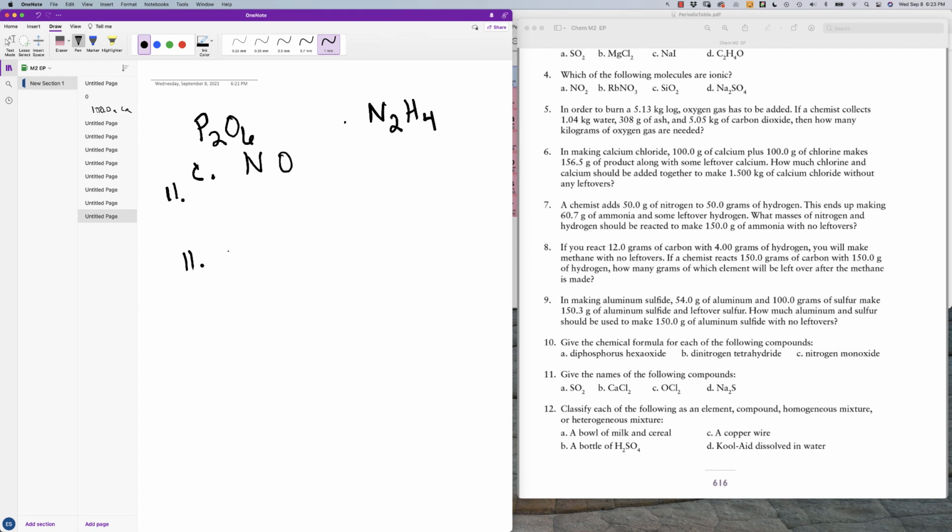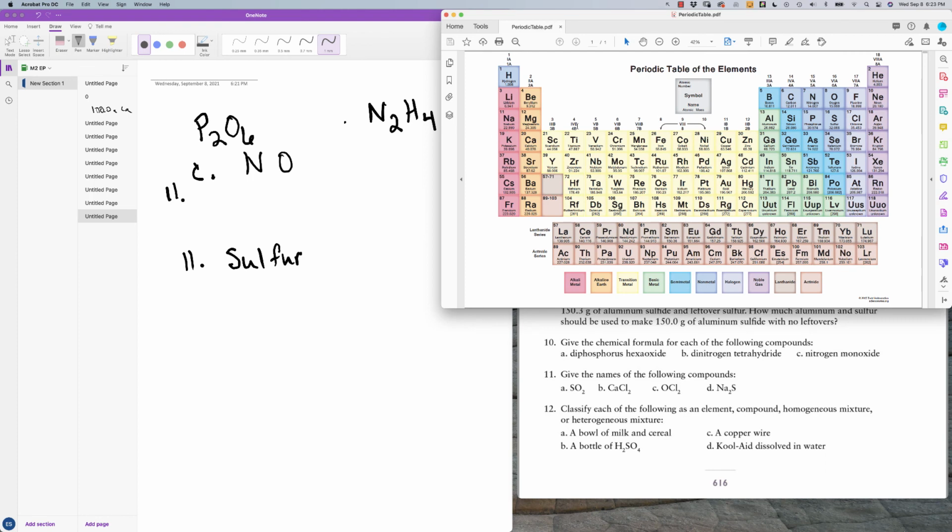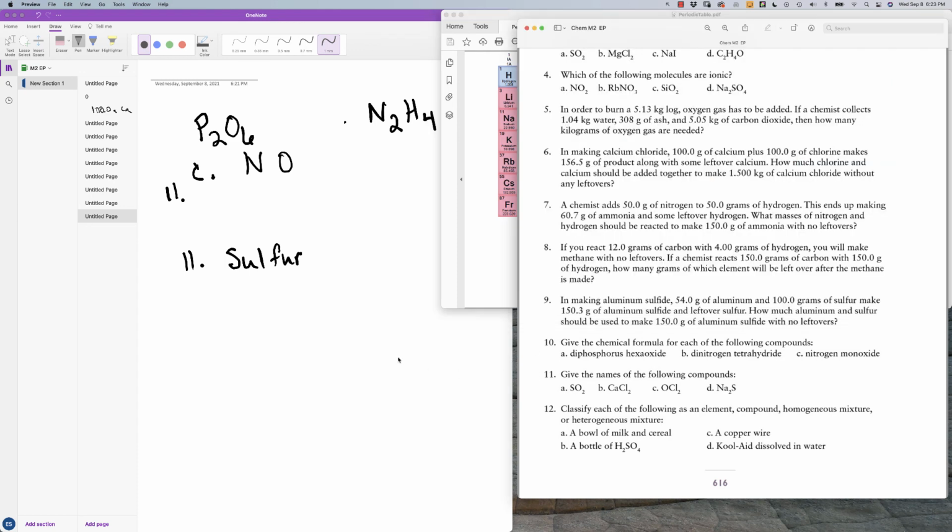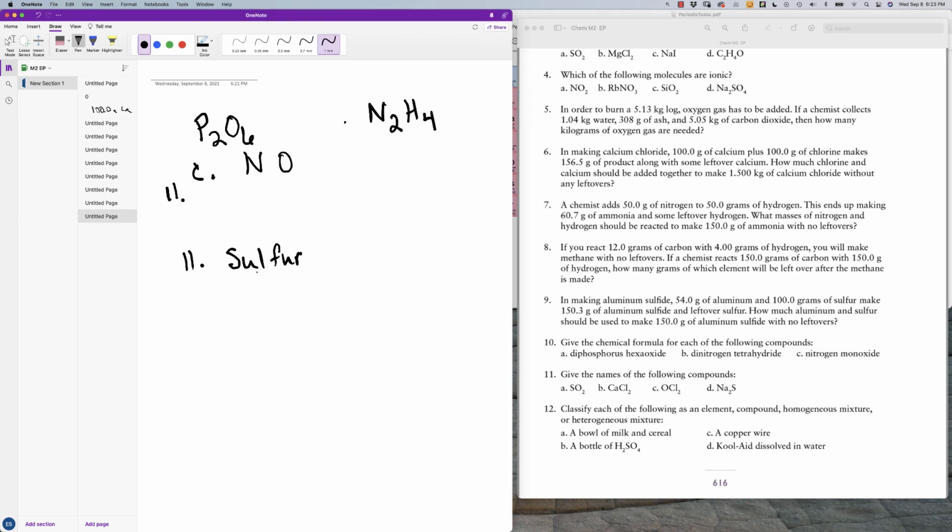Sulfur is a nonmetal on the right-hand side of the periodic table. Oxygen is its upstairs neighbor. They're both nonmetals. Both being nonmetals means that it's covalent, so you need to follow the rules for writing covalent, which means you have the prefixes.